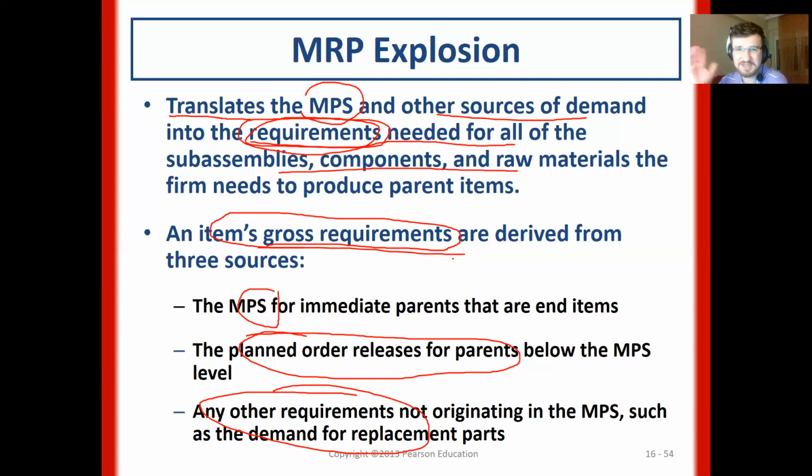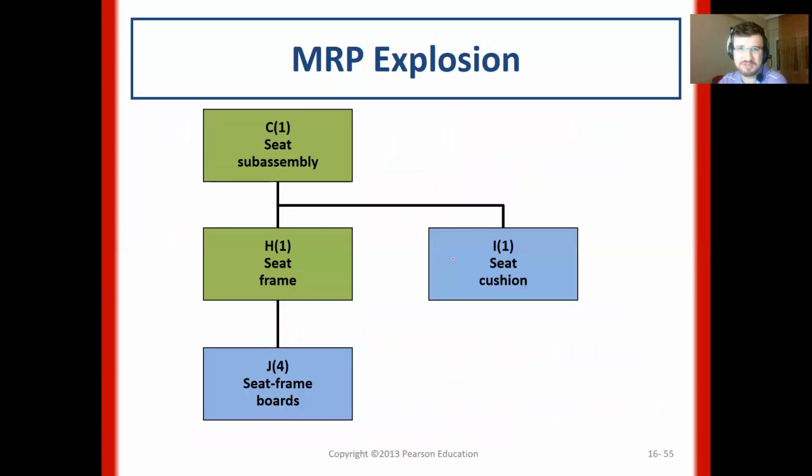But as we did before, I will only consider one SKU, one type of bicycle, one type of chair at a time, for simplicity. Now let's take a look at how MRP is exploded.